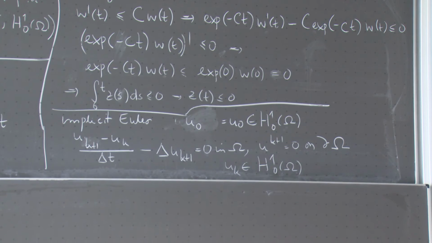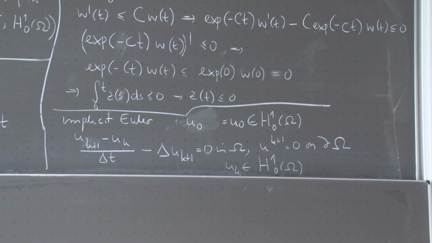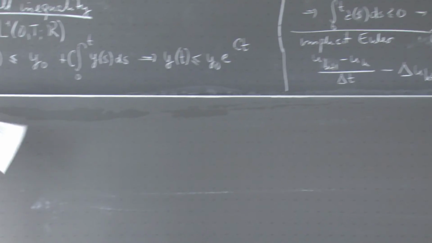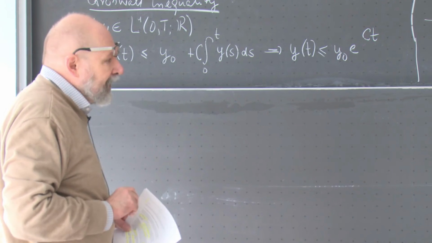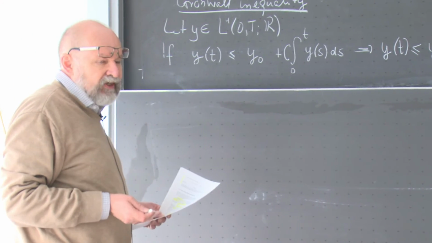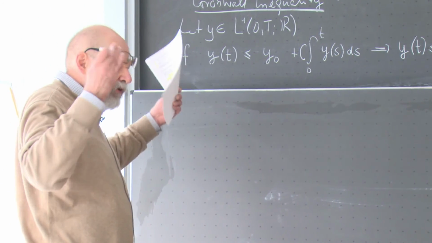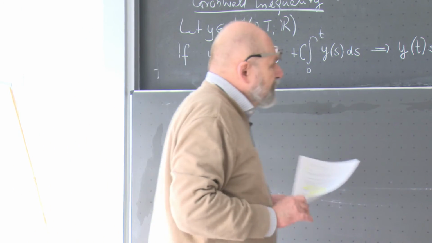Now, how to make functions out of that? We have two possibilities to make functions out of these discrete points in time. Either we make a piecewise constant function, because we can make more complicated things, but that's sufficient for us.